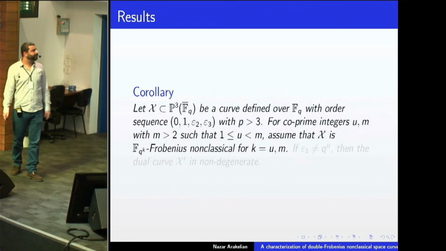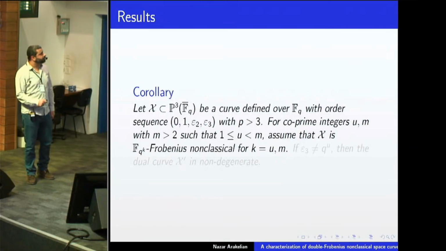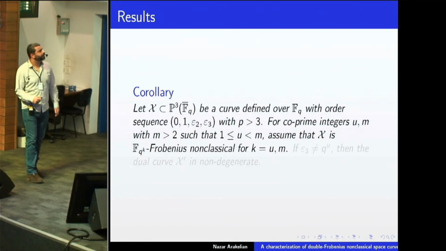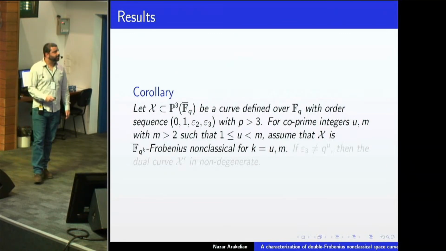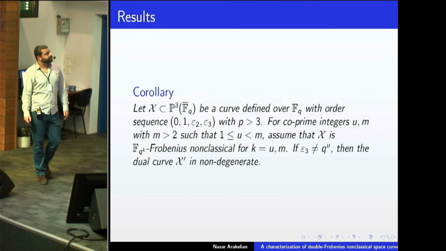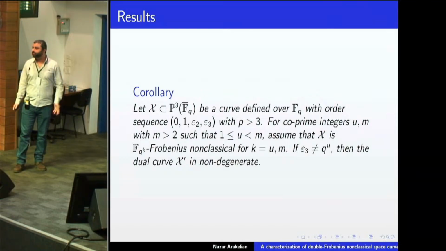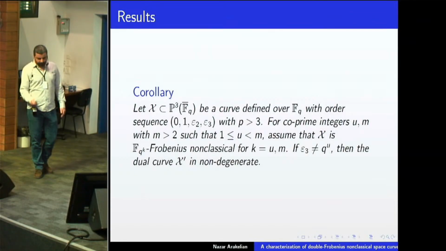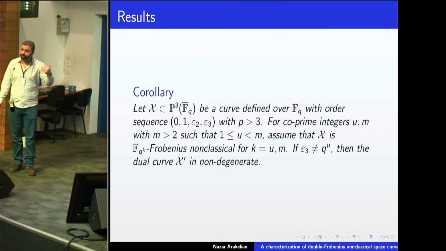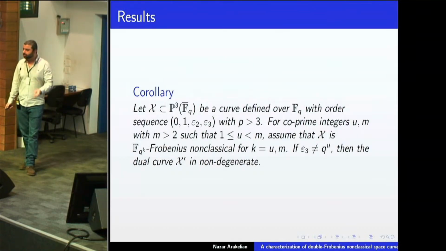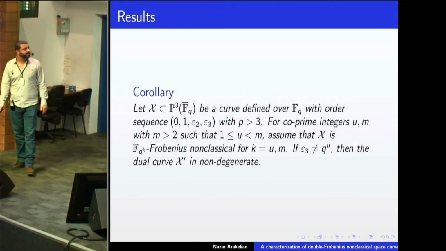If you have a double Frobenius non-classical curve, again m bigger than 2, m and u coprime, and your curve is Fq^u and Fq^m Frobenius non-classical, then if ε3 is not q^u, you know that your strict dual is non-degenerate. And assuming that your curve is double Frobenius non-classical with degenerate dual, you can obtain many properties of this curve. For instance, I will show only one.